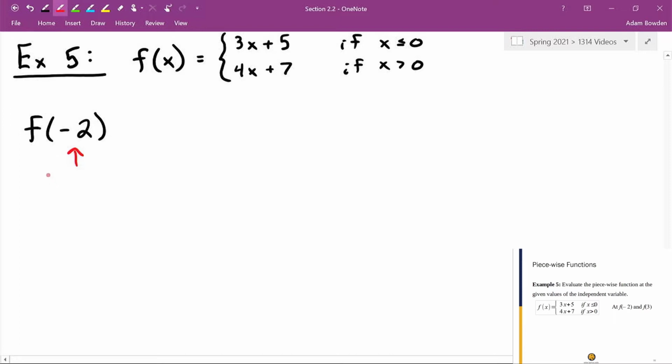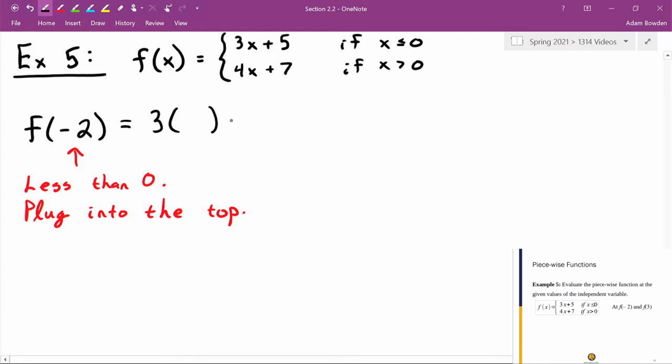Since negative 2 is less than 0, it's going to be plugged into the top piece of the piecewise function. So in other words, we're going to plug negative 2 into the 3x plus 5. So it would be 3 times negative 2 plus 5. 3 times negative 2 would be negative 6, so negative 6 plus 5 would turn into negative 1.